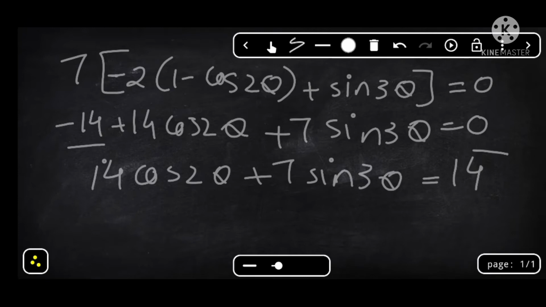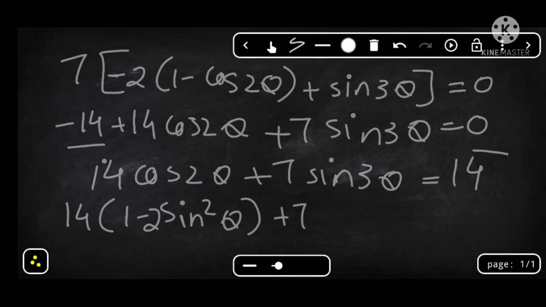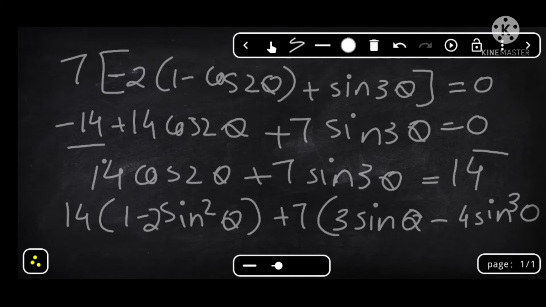So cos 2 theta can be written as 1 minus 2 sine square theta, plus sine 3 theta can be expanded as 3 sine theta minus 4 sine cube theta, which is equal to 14.